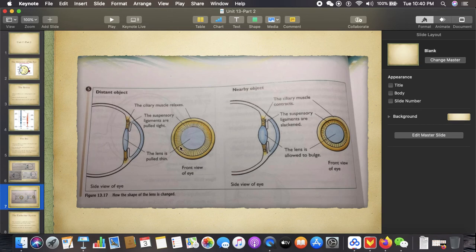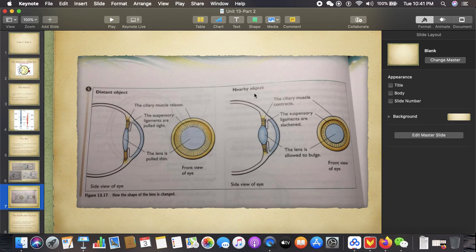When the lens needs to focus light from a very, very nearby object, it needs to bend the light rays more, and in order to do that, it needs to get thick and fat. In order to do that, the ciliary muscles that support the lens relax. This drops the lens down so that it becomes thick and round.